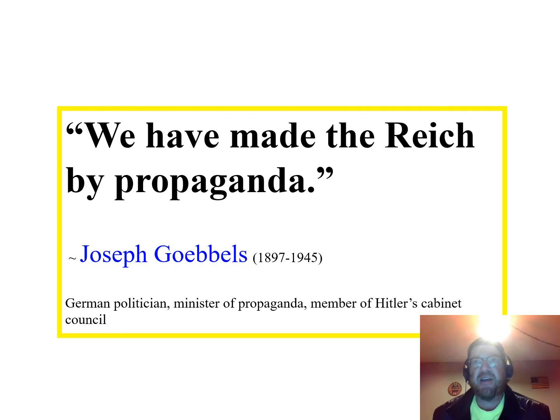They used it, as when we talked about how they took over Austria, the Sudetenland and Czechoslovakia. They lied, said the German-speaking people there were being treated poorly. Just lied about it. They were good at using propaganda, and Goebbels was definitely a huge part of that.